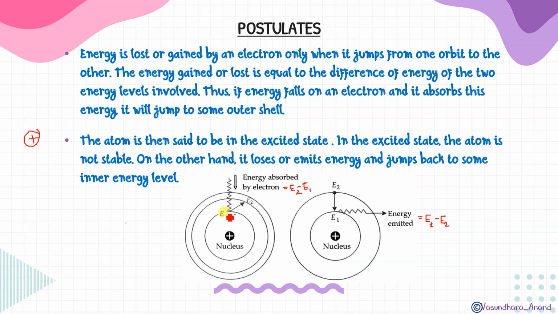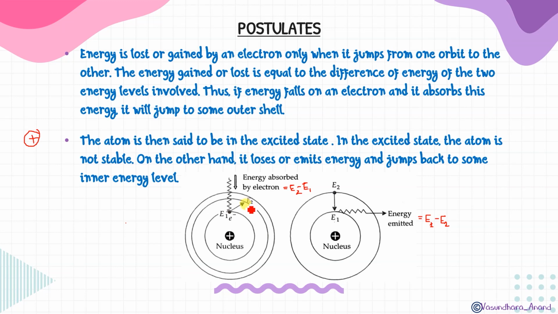The atom is then said to be in the excited state. If it jumps from a lower energy state to a higher energy state, it will be called the excited state. And in the excited state, the atom is not stable. On the other hand, it loses or emits energy and jumps back to some inner energy level. Like if it goes to here, it is not like that यहाँ जाके वो stable हो जाएगा. What will happen?